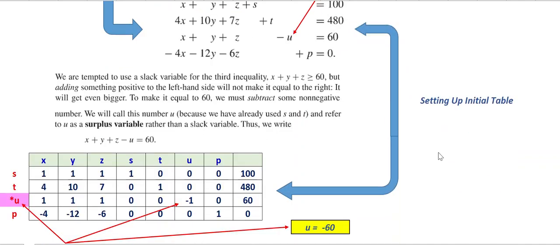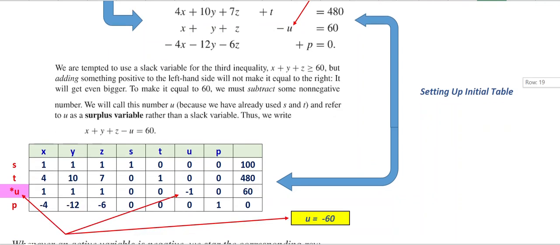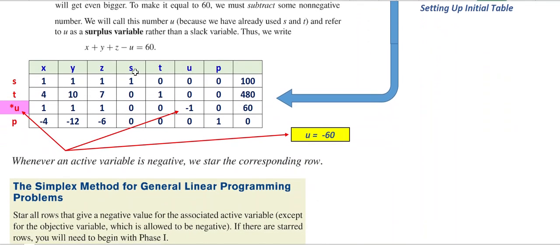All right, setting up the initial table is exactly the same. Once we have our system of equations, we create the table. We will start with an x column, a y column, and a z column, s, t, u for our slack and surplus variables, p, and then the constant column.